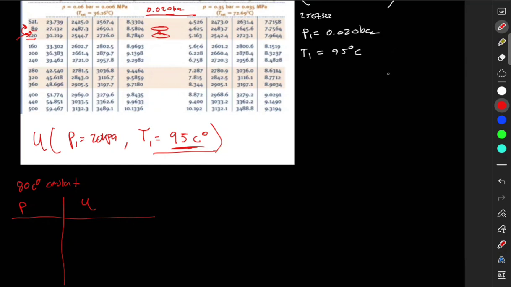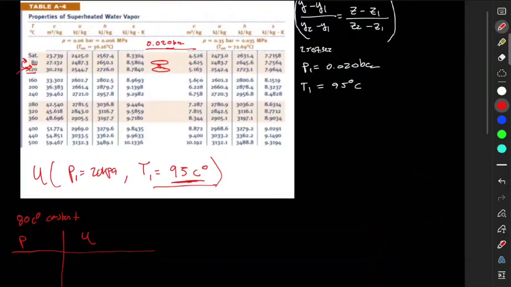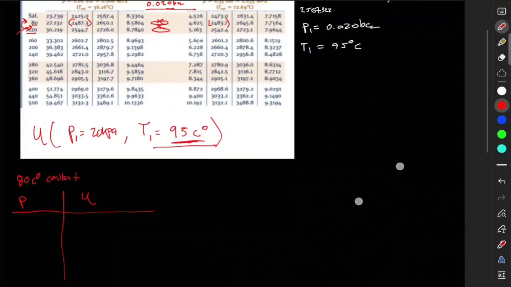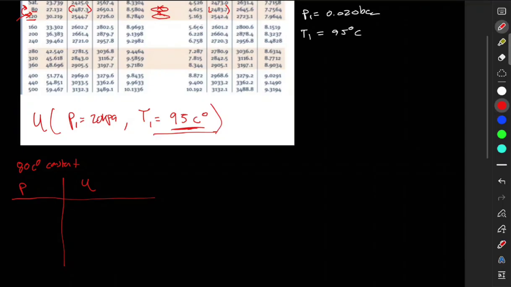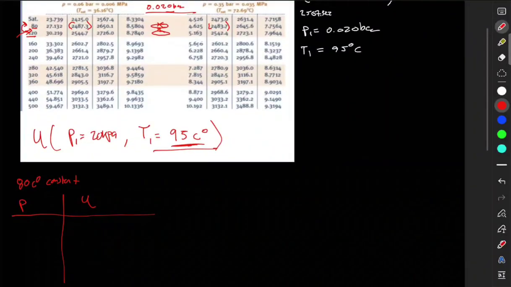Because our internal energy is this one for 80, and we have internal energy for this one. Do I need to find this one? Correct? So it's going to look something like this. 80 is constant because we're looking at that temperature. The pressure units don't really matter here. You can use bar or MPa. I just like to keep it simple and keep it in bar.